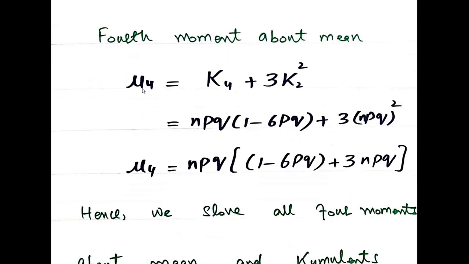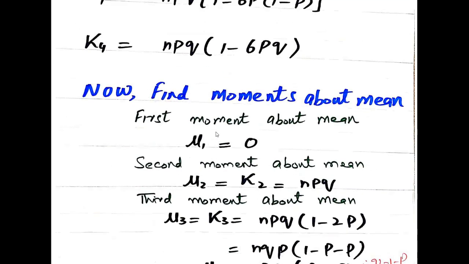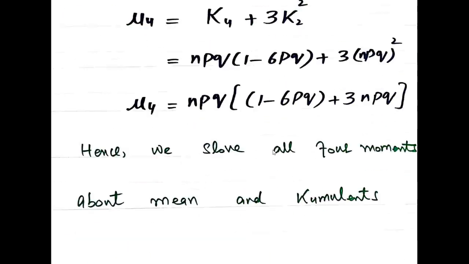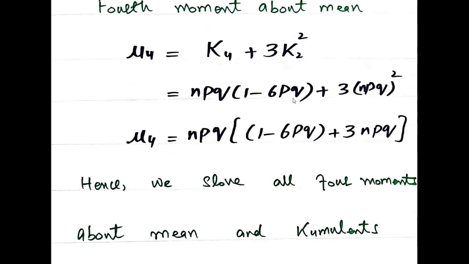Fourth moment about mean is mu4, and it is equal to the fourth cumulant plus 3 times the second cumulant square. So write the fourth cumulant k4, which is equal to npq into 1 minus 6pq, plus 3 into the second cumulant npq, whole square.